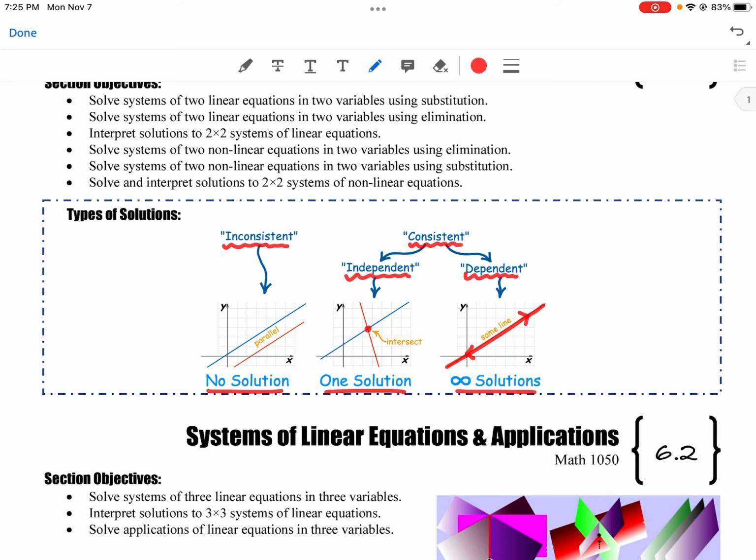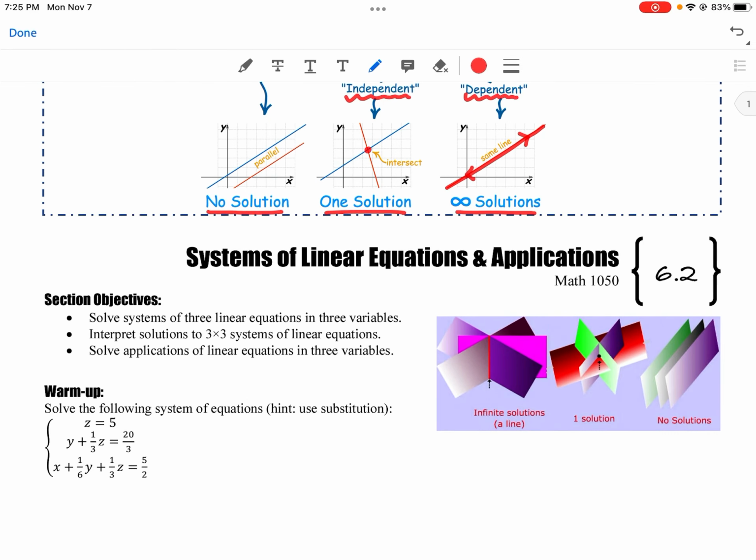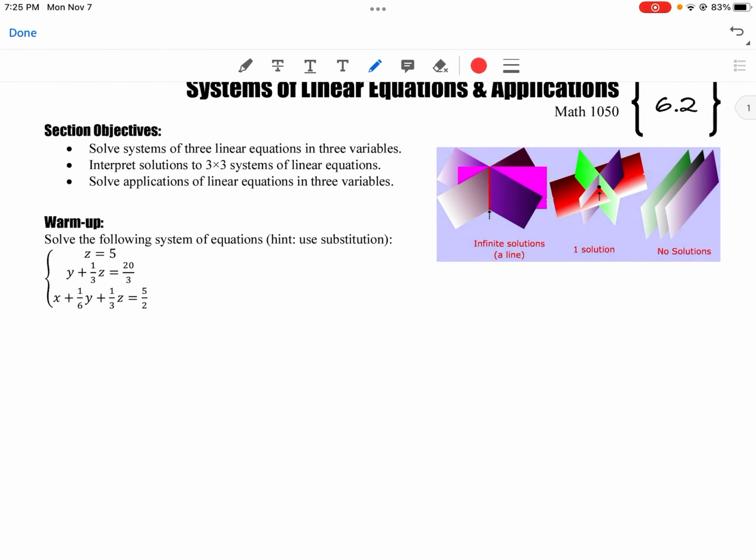Just be aware we have that background of 2x2 systems, but we're going to focus today on a 3x3 system. A 3x3 system is actually like planes. As you can see in the picture, there are three planes that intersect and there are infinite solutions, which forms a line. This is a consistent system because there's a solution, but since there's that whole line, the answers are dependent on each other.